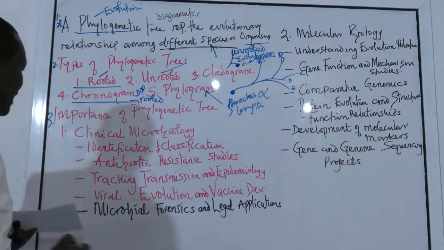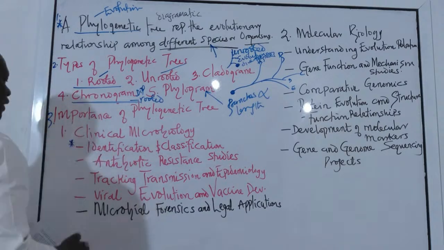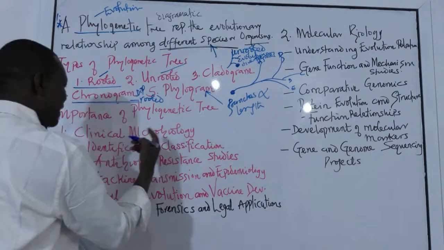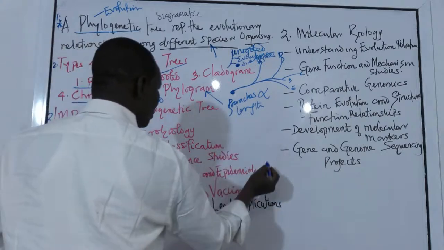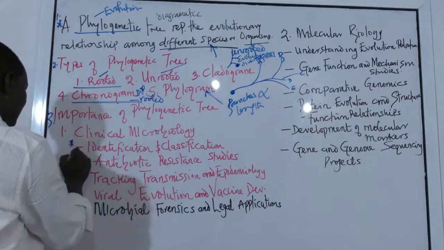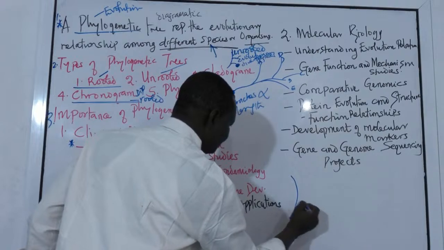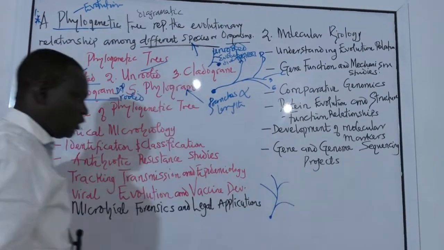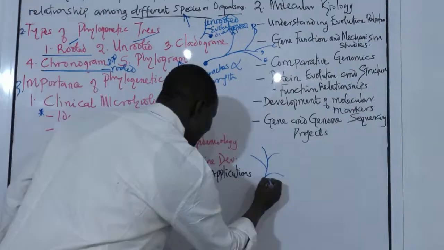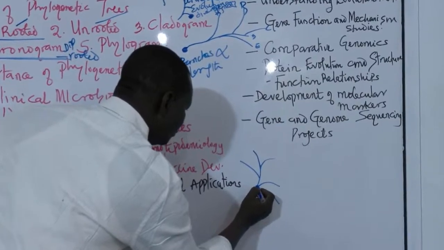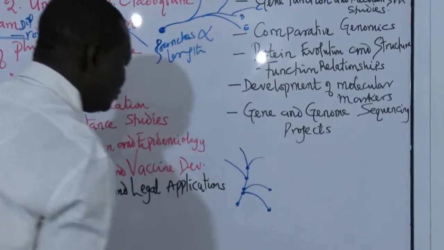Now in clinical microbiology, one of the ways that we make use of a phylogenetic tree is in identification and classification. If you draw a phylogenetic tree like this, and you have one node, another node, another node.